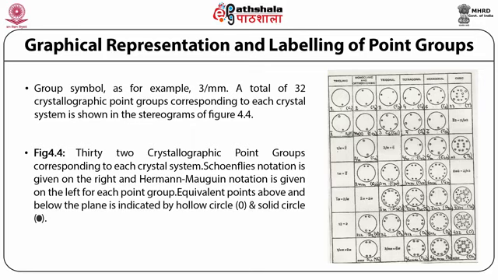Similarly, for the hexagonal system, the graphical representation is shown in that column. 6 is the Hermann-Mauguin notation, and the corresponding Schoenflies notation is capital C subscript 6. And the cubic system has its point groups as shown in figure 4.4.